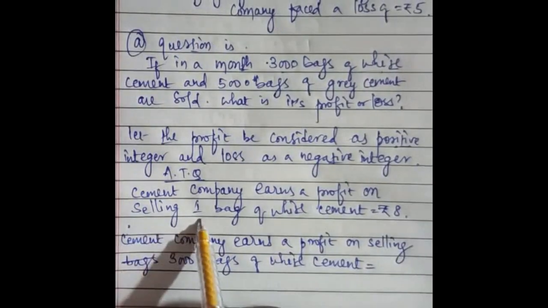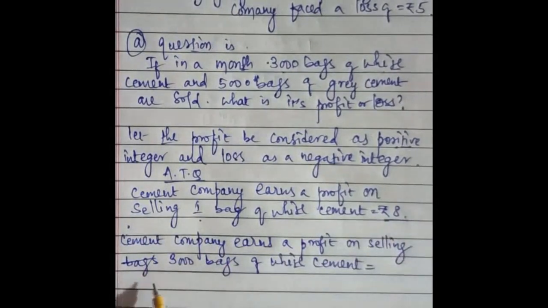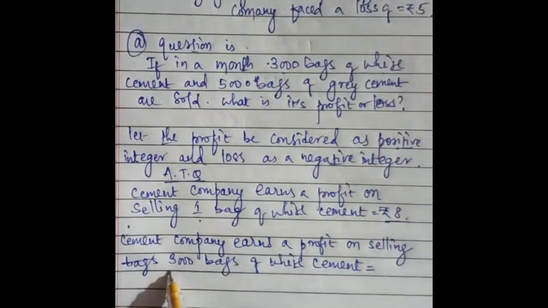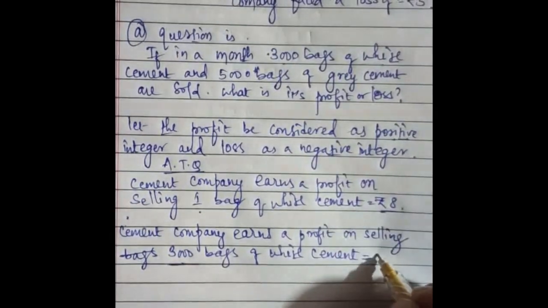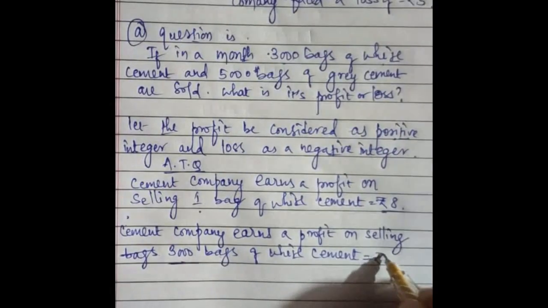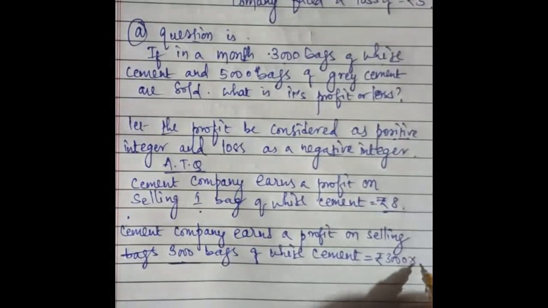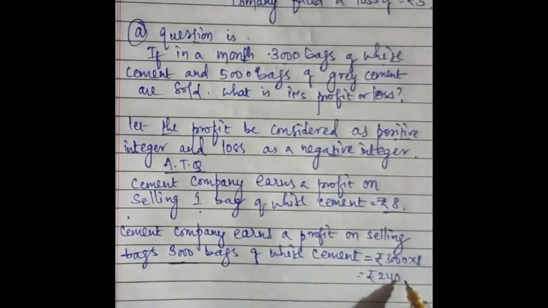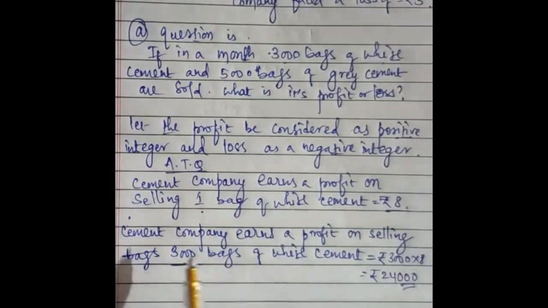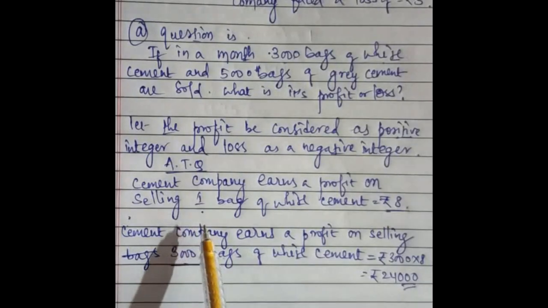In one bag they are earning rupees 8. So if they sell 3,000 bags, how much are they going to earn? Rupees, how much? 3,000 into 8, isn't it? So your answer will be 24,000. So while selling 3,000 bags of white cement, they are earning 24,000. Okay, so it is 24,000.